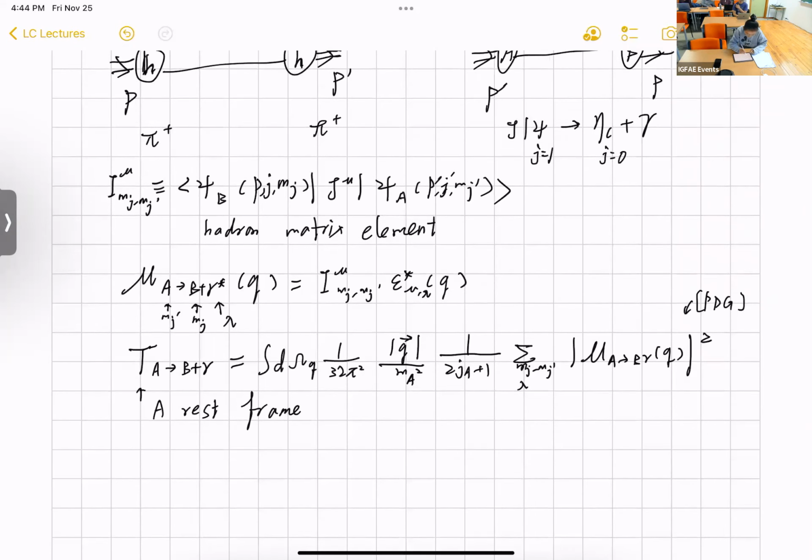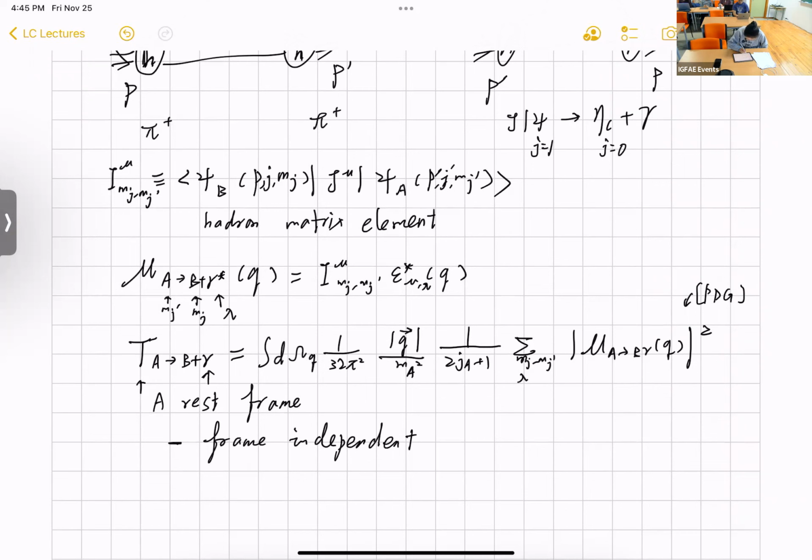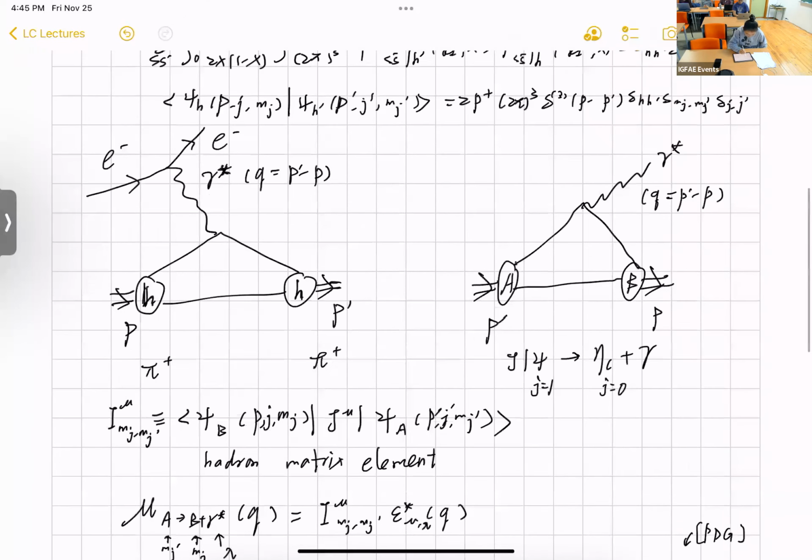But as I told you, this depends on the frame. So it would be good if we could have some quantity that does not depend on the frame. Also, this decay width is evaluated only when the photon is on shell. But what about when Q squared, the momentum carried by the photon, is not zero?